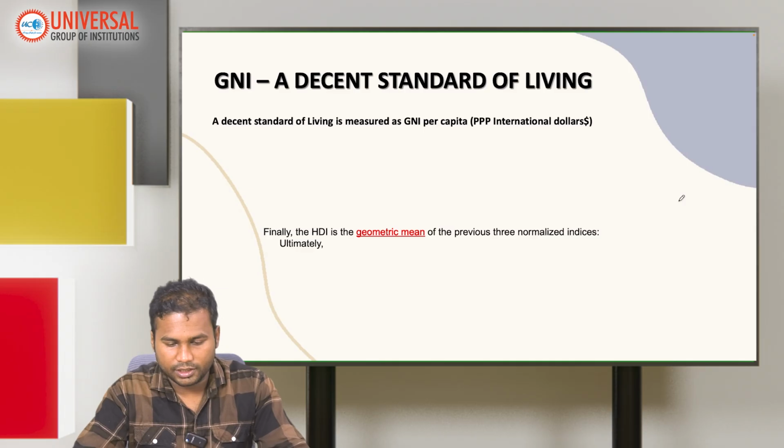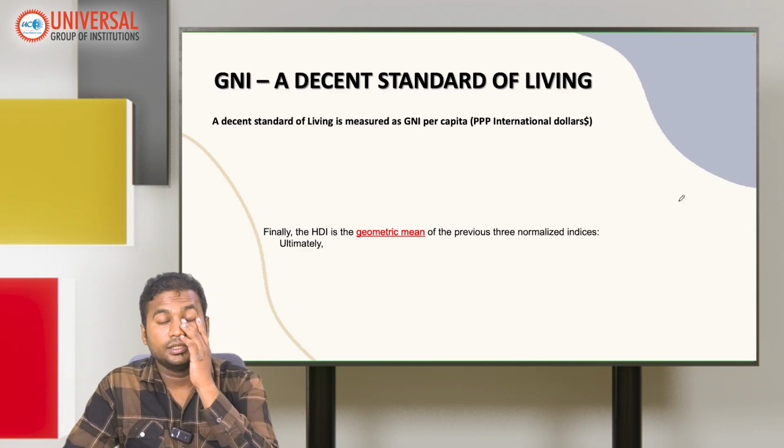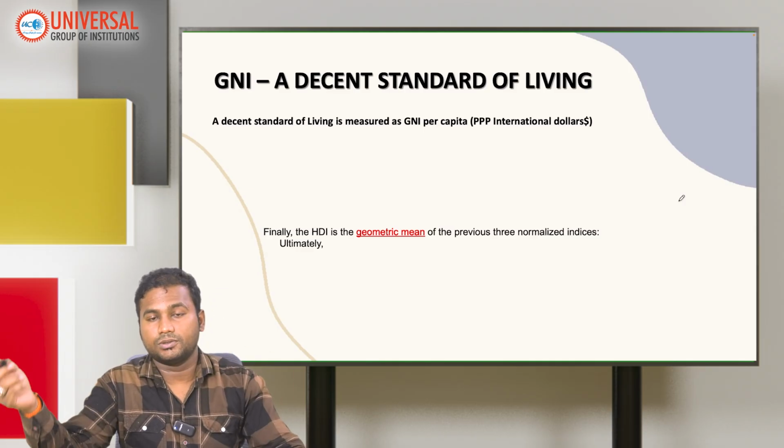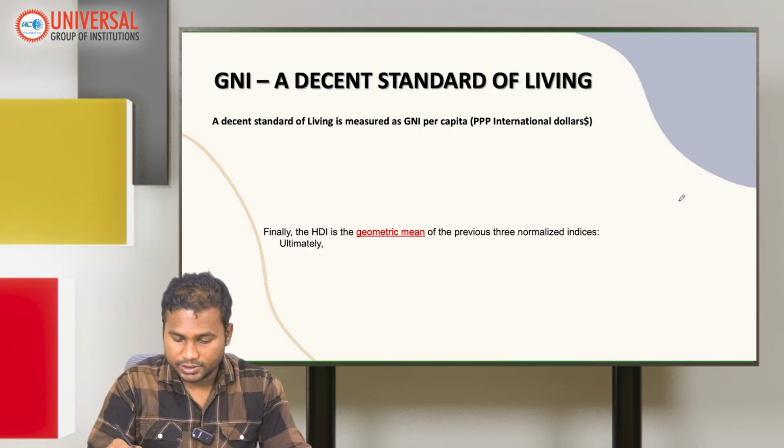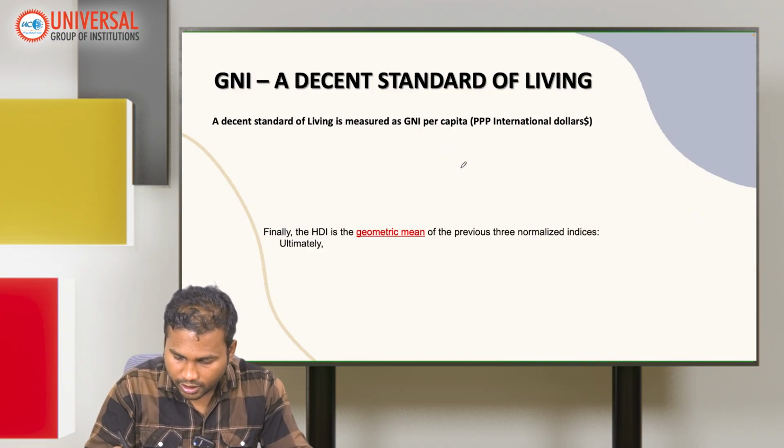So what happens here in GNI? Let's assume India's average per capita income is $5,000.